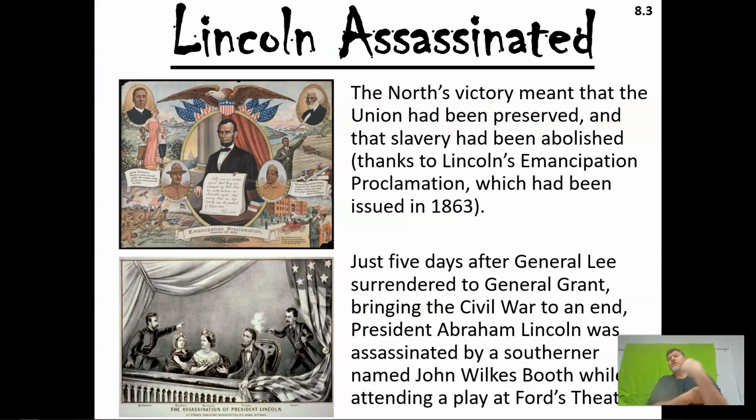Now, unfortunately, just 5 days after General Lee surrenders to Grant, Abraham Lincoln is assassinated by John Wilkes Booth while attending a play at Ford's Theater. It was a tragedy with unknown consequences. We don't know all the consequences, really, how things might have been different had Lincoln survived. Lincoln was certainly a better leader than Andrew Johnson, who replaces him as vice president and becomes the president.